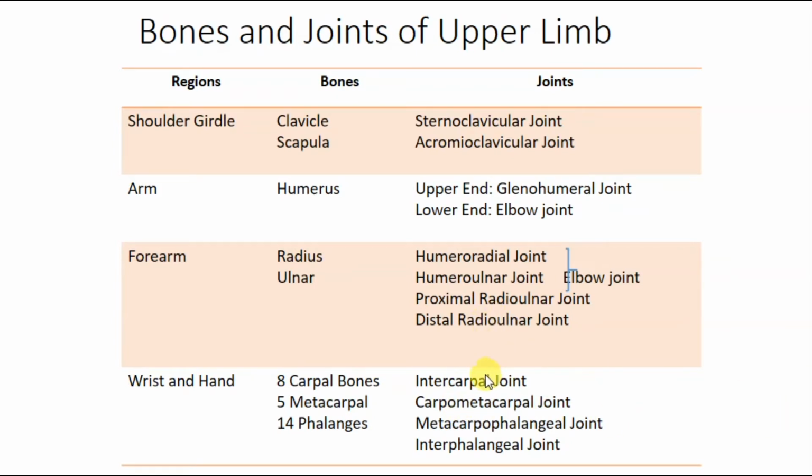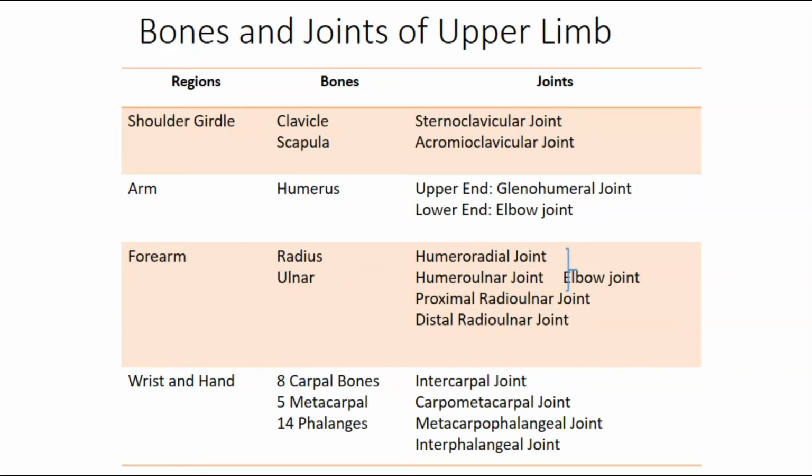Here we have the intercarpal joints, the joints between the carpal bones. Then you have the carpometacarpal joints, that means the joints between the carpal bones and the metacarpal bones. Then you have the metacarpophalangeal joints, that means between the metacarpals and the phalanges. And then you have the interphalangeal joints.